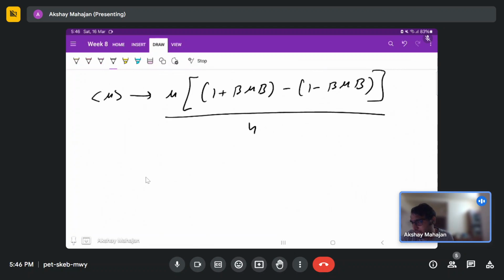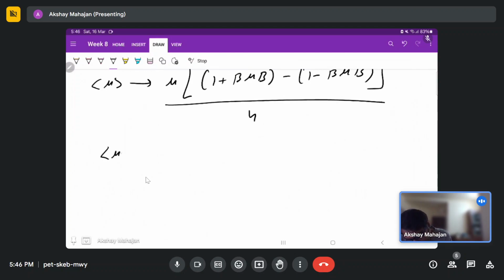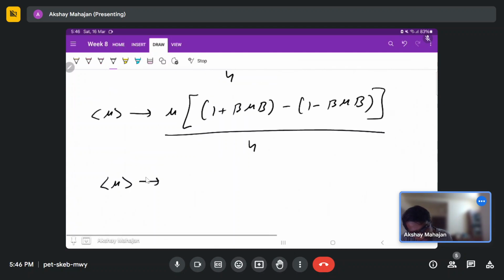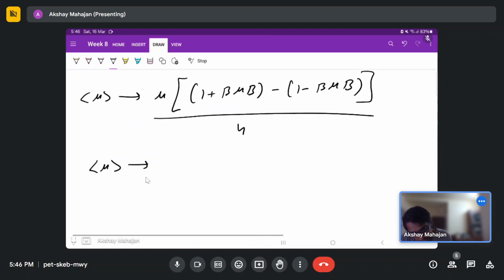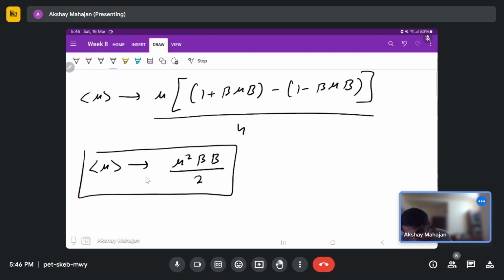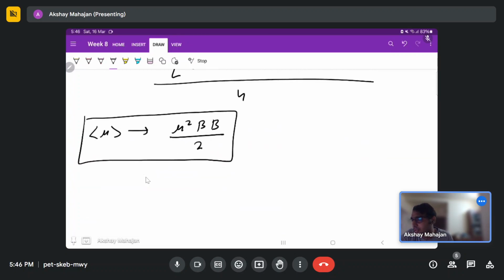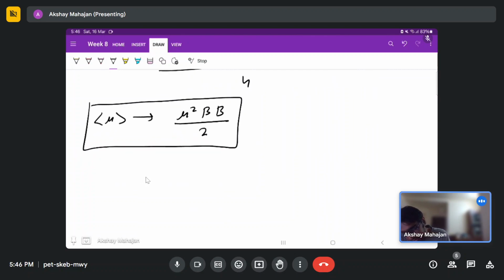So your average magnetic moment will tend towards mu square beta b by 2. This you should remember.